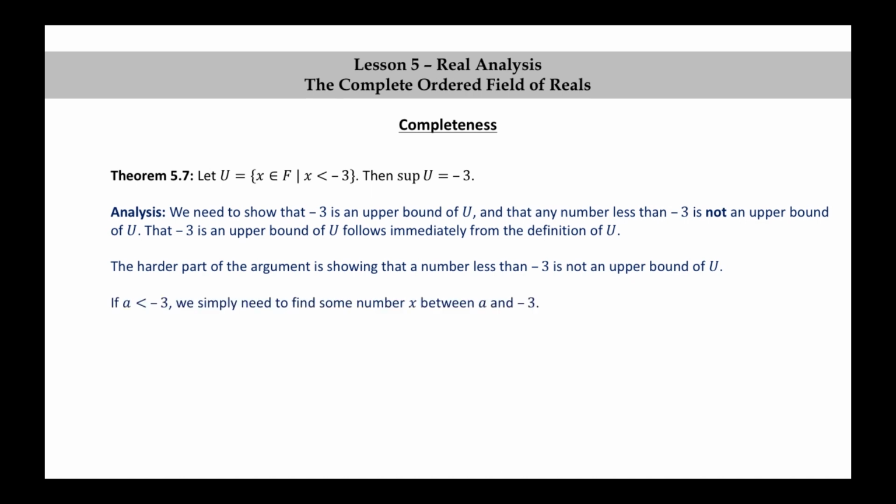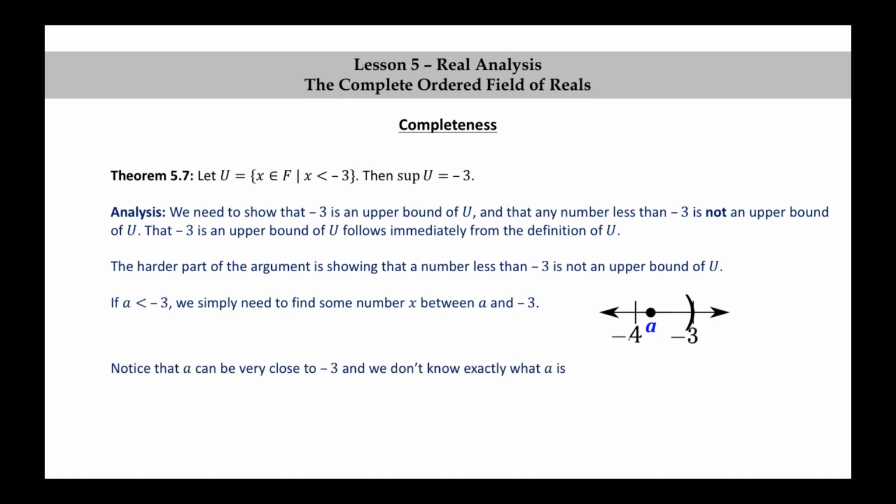If A is less than -3, we simply need to find some number x between A and -3. Here's a picture of some number A that's less than -3, and we want to prove that that number is not an upper bound of the set U. Notice that A can be very close to -3, and we don't know exactly what A is. We know only that it's less than -3.